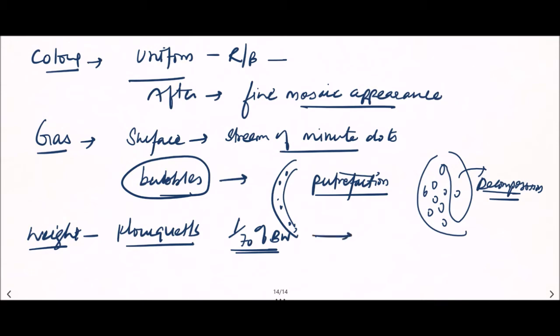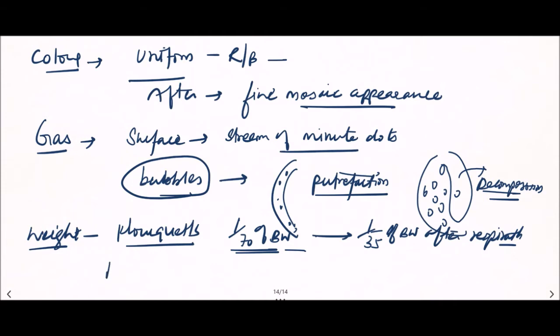But after respiration, the weight is almost double, 1 by 35 of body weight. So there is a change in weight of lung. That test is known as Plauché test. This increase in weight is not constant at all, so this test is not that reliable.